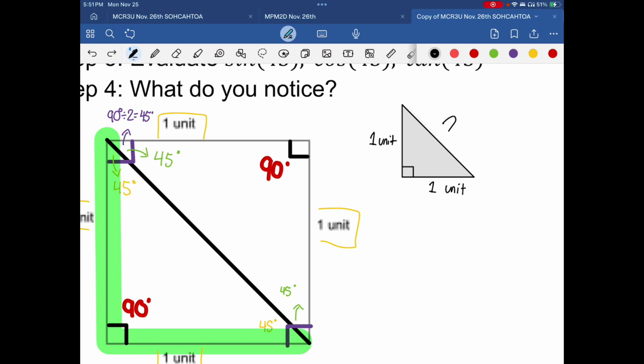Hopefully you're all thinking Pythagorean theorem, which remember is a squared plus b squared equals c squared. So that means 1 squared plus 1 squared equals c squared. 1 squared plus 1 squared, 1 plus 1, because I know 1 squared is 1, 1 squared is also 1. How about I highlight that so you know where I'm getting those numbers from?